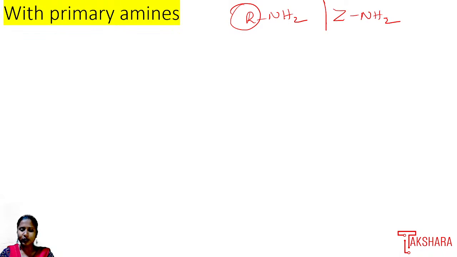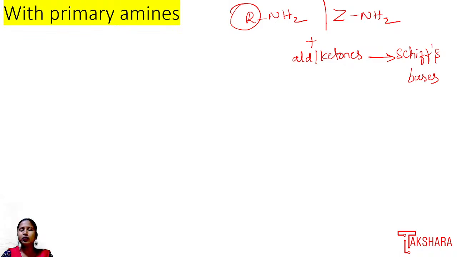So when primary amines are treated with aldehydes or ketones, the products we get are Schiff bases. Schiff bases are formed as a product when aldehydes or ketones combine with primary amines.